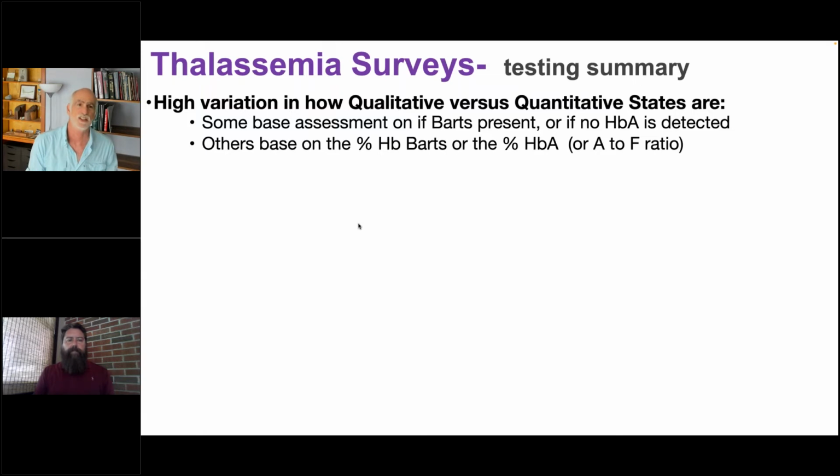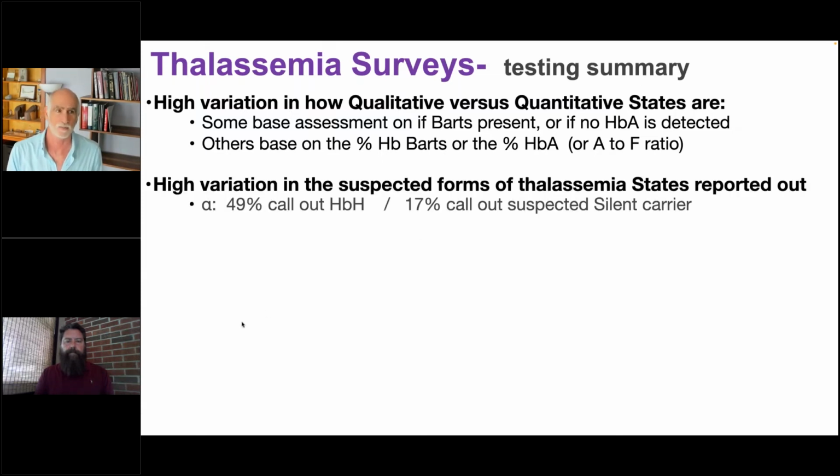There's high variation in how qualitative versus quantitative the states are, and the letters Patrick showed reflect this. Some just say Barts is present, or others will say just no hemoglobin A is detected, while others report out, as in the letters, the exact percentage of Barts, the percent of hemoglobin A, or the A to F ratio.